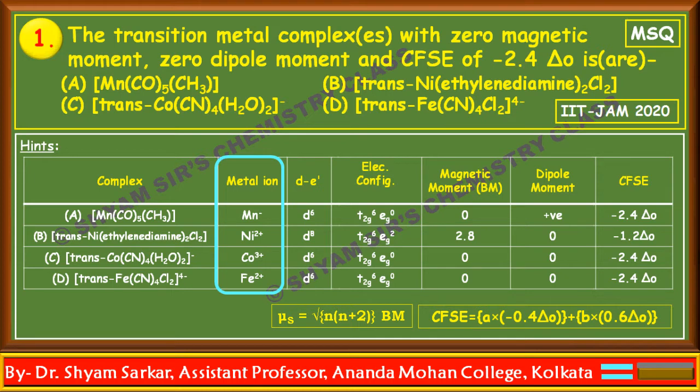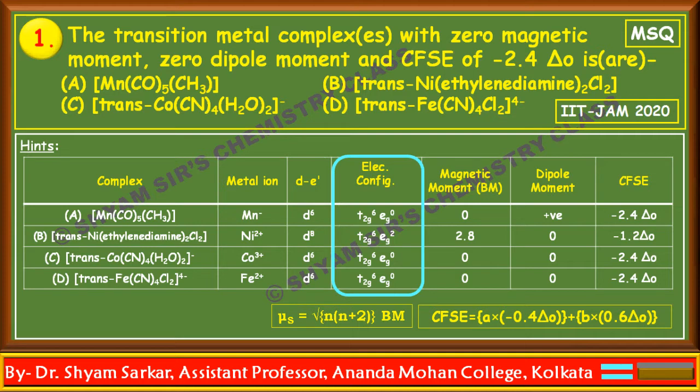Now write the number of d electrons for these metal ions, in the next column. So Mn minus d6, Ni2 plus d8, cobalt 3 plus d6 and iron 2 plus d6, and their corresponding electronic configurations are t2g6 eg0, for nickel t2g6 eg2, cobalt 3 plus t2g6 eg0 and Fe2 plus t2g6 eg0.